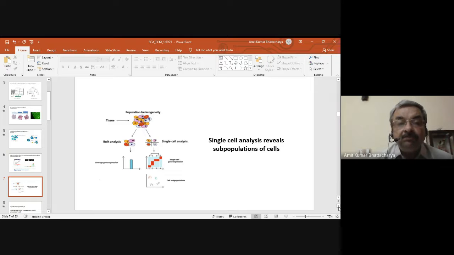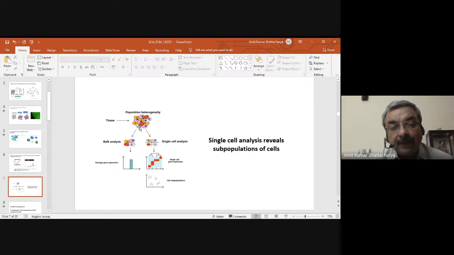So this is the summary slide of all this put together. You have a population of cells in which there is a mixed population.